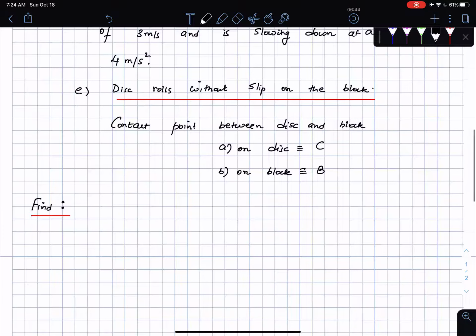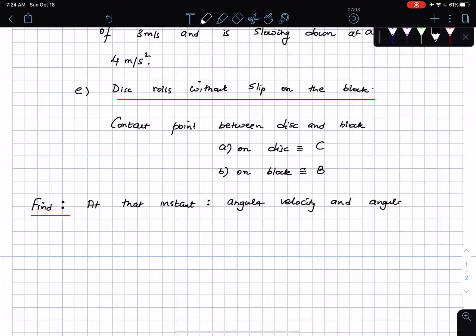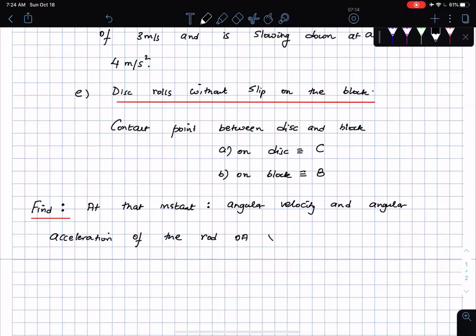Okay, so at that instant in time, find the angular velocity and angular acceleration of the rod and the disk. Okay, and in doing so we will find other things as well that will be of use to us.